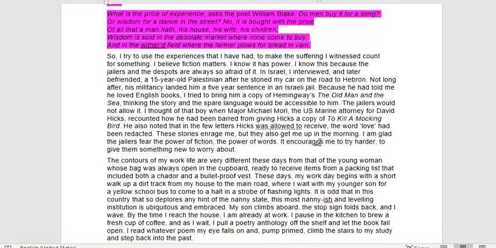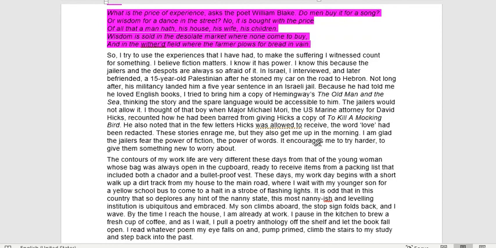And if you're thinking, she's giving us more allusions and more intertextual references, well, you're correct, because as a writer, I think she really tries to play to her strengths here. So she's got, because he had told me he loved English books, I tried to bring him a copy of Hemingway's The Old Man and the Sea, thinking the story and the spare language would be accessible to him.